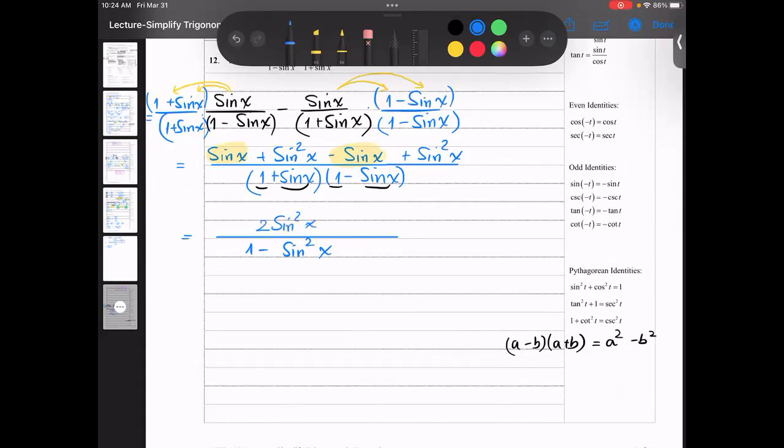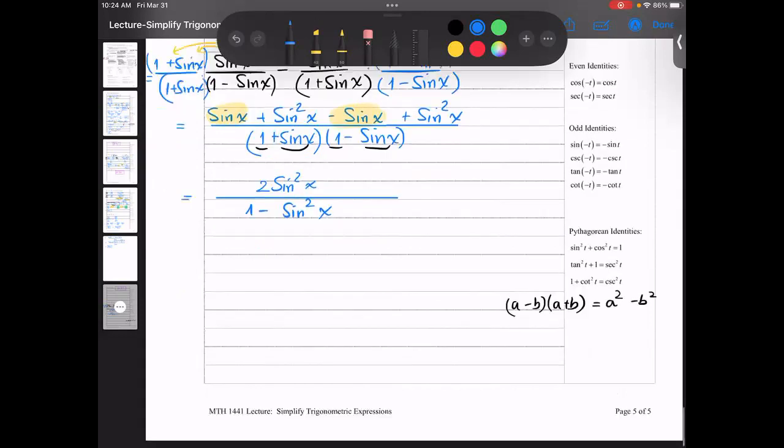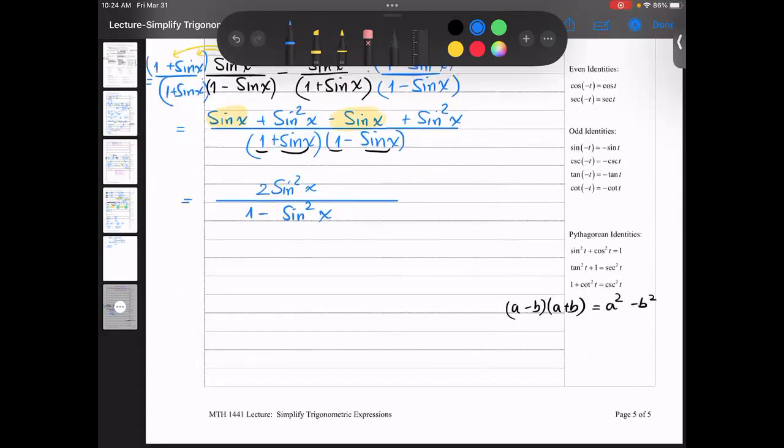I lied to you. I didn't finish the denominator. For the denominator, you have to look at the Pythagorean identity. This one. If I subtract sine squared t from both sides, do you agree this will cancel?